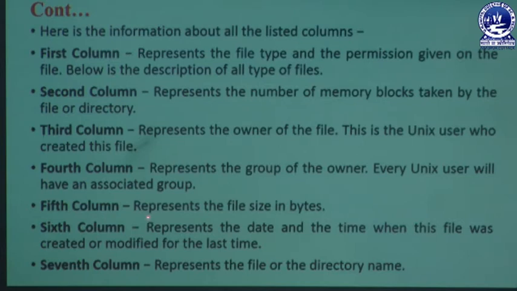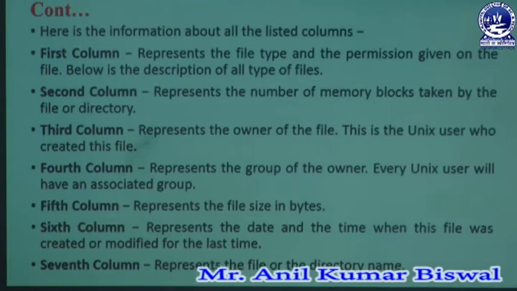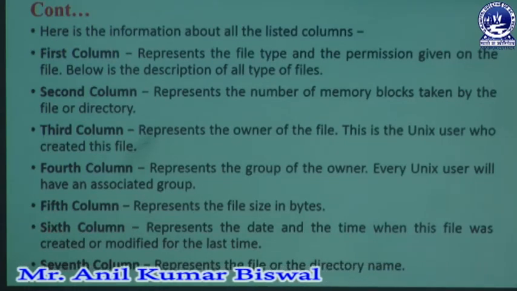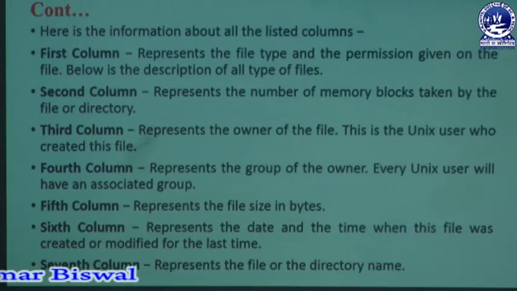The fifth column represents the file size in bytes, and the sixth column represents the date and time when the file was created or modified for the last time. That means when your file is edited or manipulated in your system, it is represented in the sixth column. The seventh column represents only the file or directory name, nothing else.